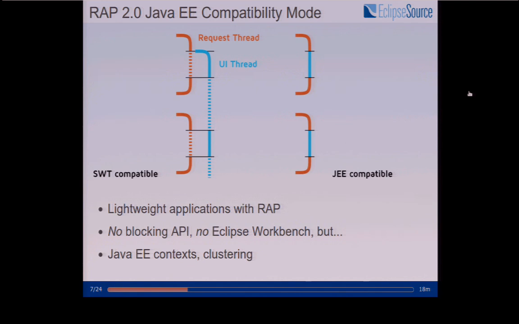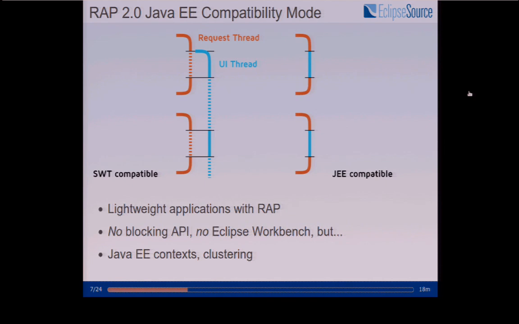So in the past, or with the SWT compatible mode on the left-hand side, a request comes in from the browser to the server, that's the red part, and then we are starting the UI thread. And the UI thread is running until the session is shut down, closed. A second request will come in from the browser and will be dispatched to the already running UI thread.